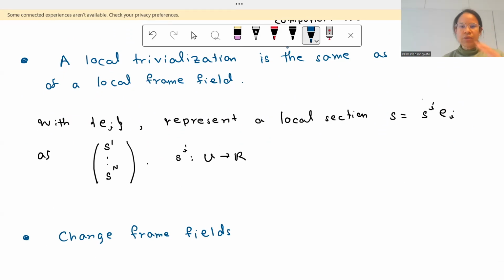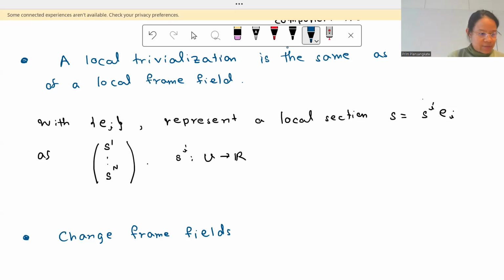It could be that you have two local frame fields whose domains overlap. Then we could look at, in the overlapping region, what is the relation of the representatives of the section.